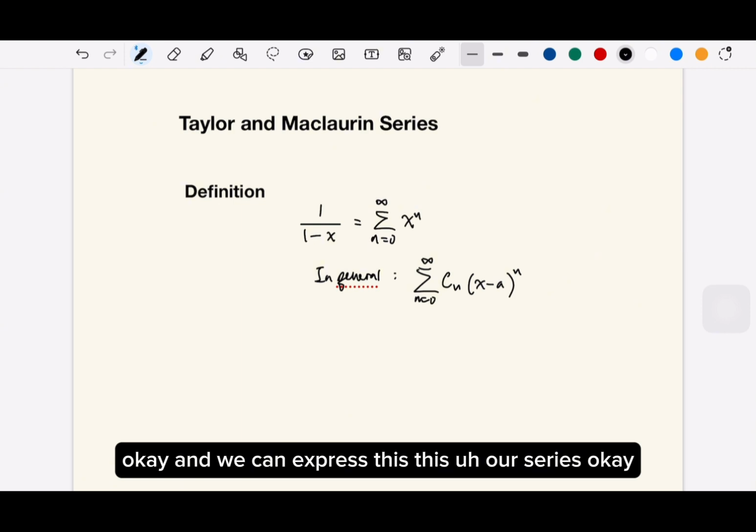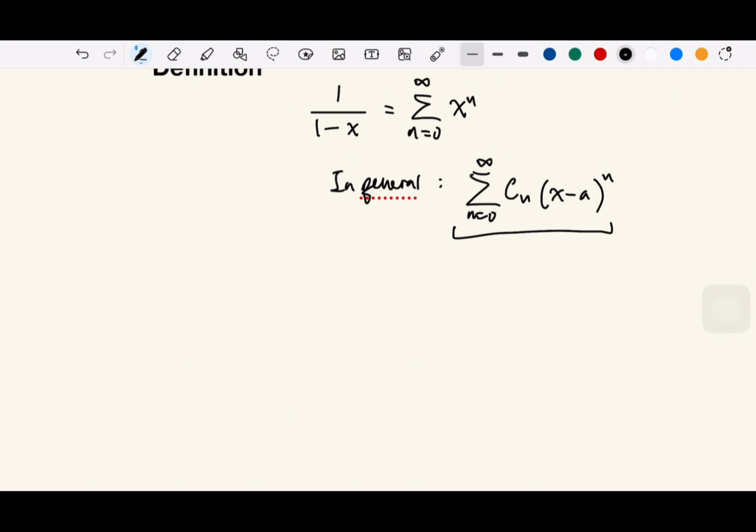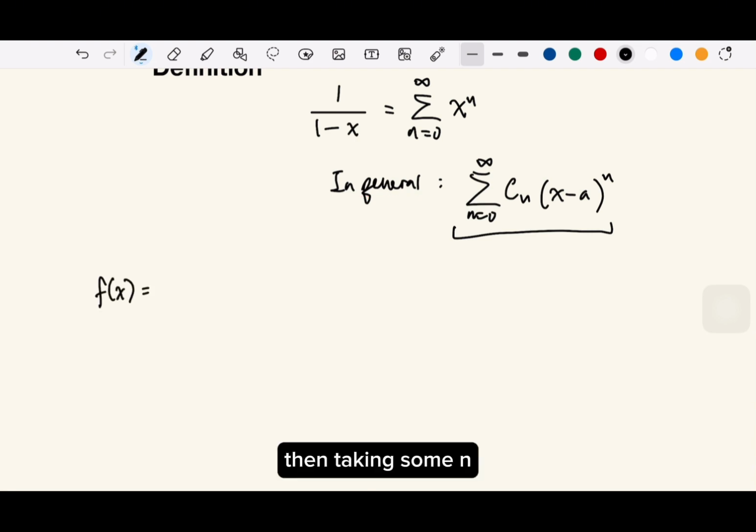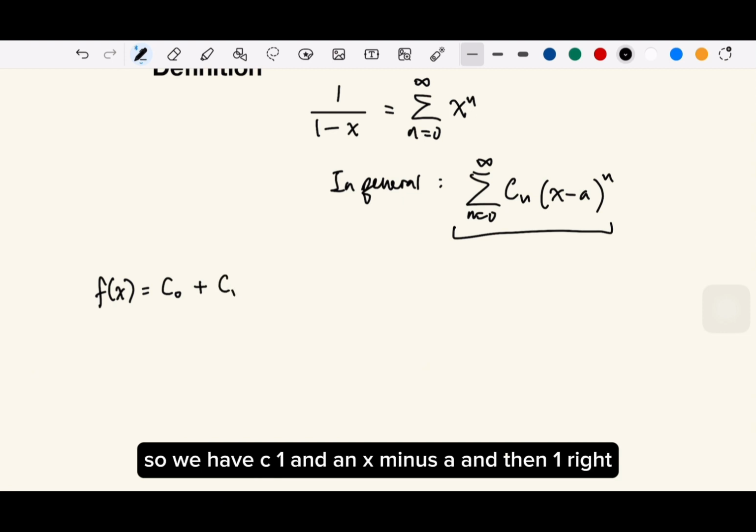Okay, and we can express this power series by taking the function and then taking some n. Let's start from n equals 0, which gives you c0, and then plus we take n equal 1, so we have c1 times x minus a to the power 1, right?